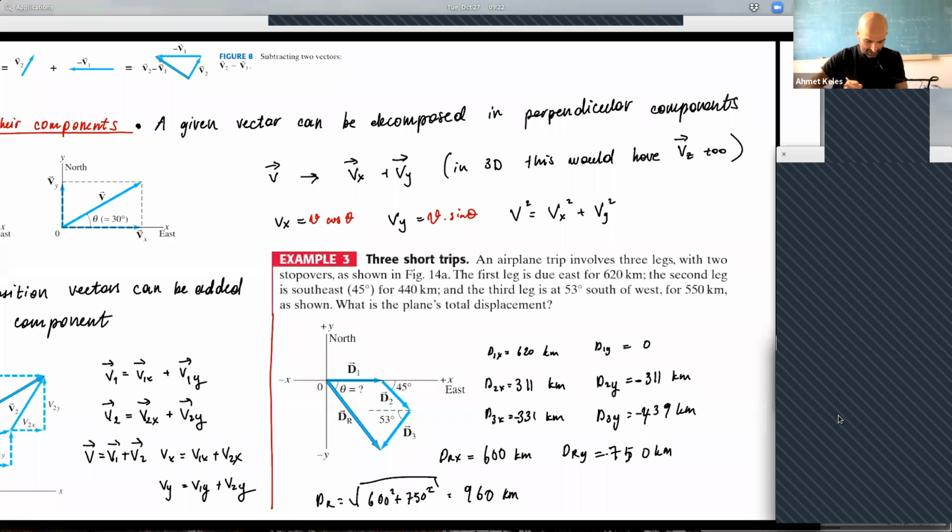I need both magnitude and direction. So for this, I think I can use tangent. This divided by this is 750 divided by 600, and I need the inverse tangent of this.